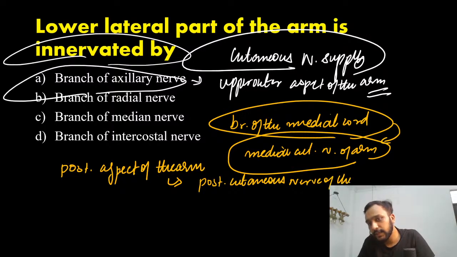And guys, the posterior cutaneous nerve of the arm is a branch of the radial nerve.